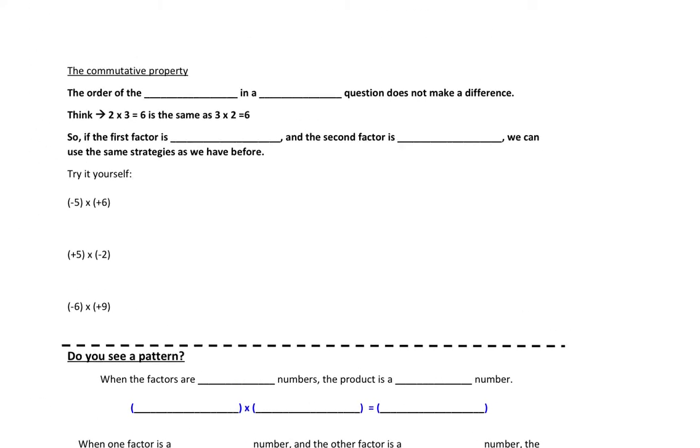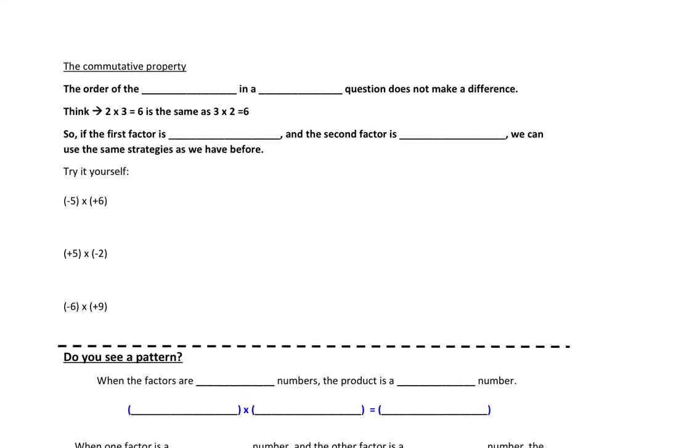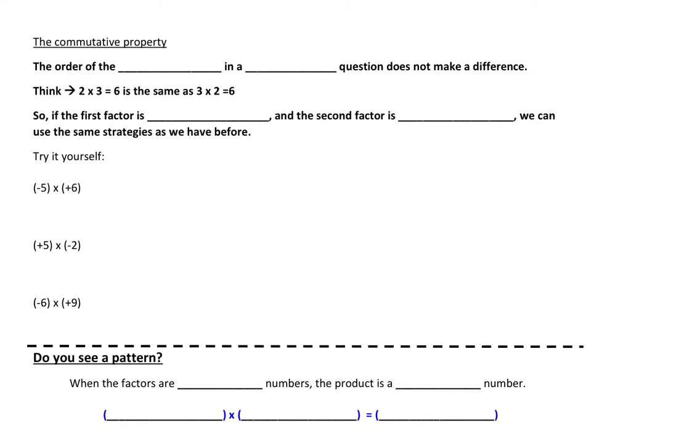The first thing that we need to talk about right now is the commutative property. I struggle to pronounce that word properly, but I did so this time. What this means is that the order of the factors in a multiplication does not make a difference.